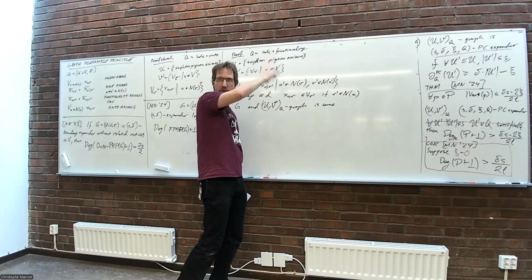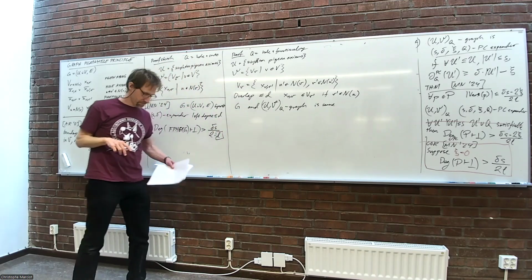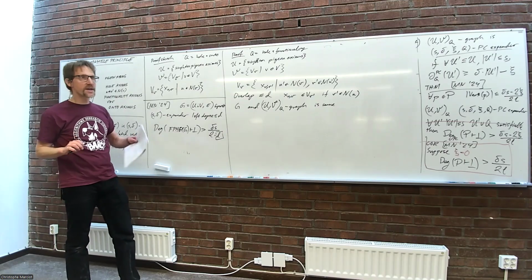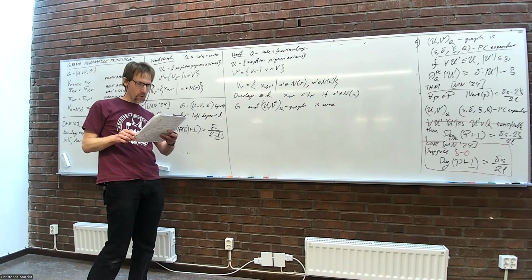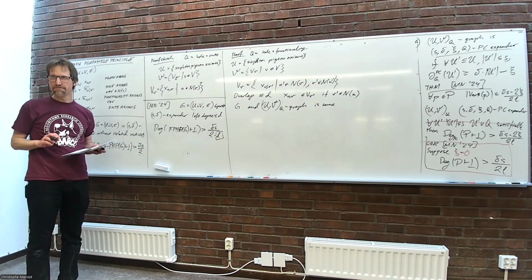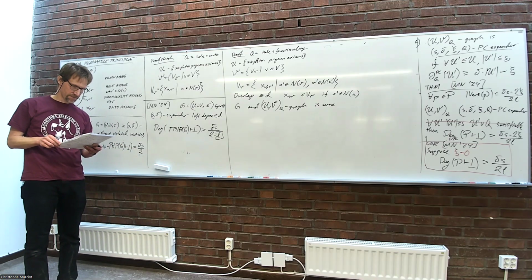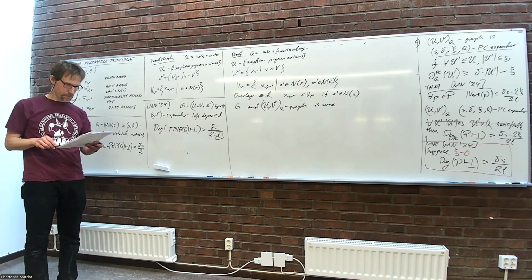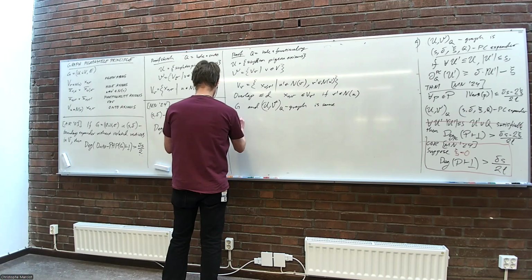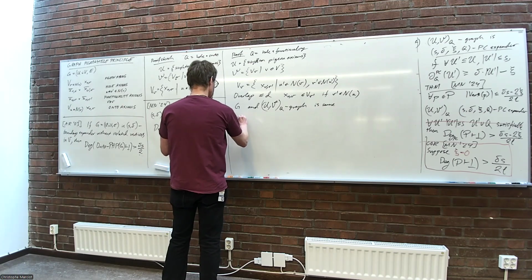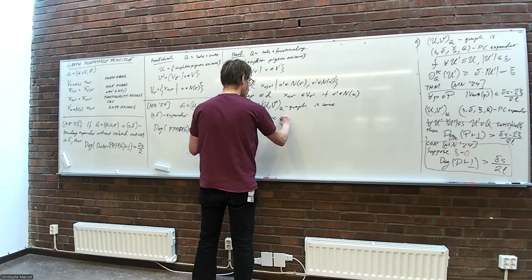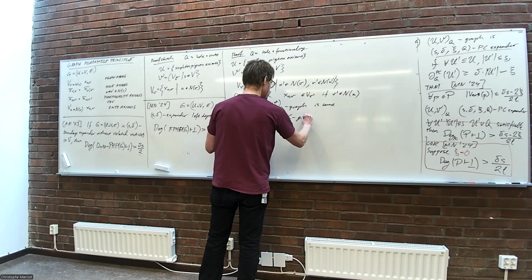I'm sort of just spreading out all the neighbors. Okay, so the only remaining thing I need to do now is to argue why all the edges are good. Need to prove that all edges are PC good.